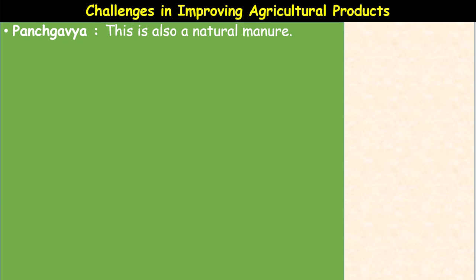So, here the Panchagavya. Based on the disadvantages of using chemical fertilizers, the nitrogenous fertilizers like urea, ammonia, ammonium sulfate, calcium ammonium nitrate, sodium nitrate, ammonium nitrate; superphosphates like single superphosphate, triple superphosphate, dicalcium phosphate; potassium chloride, potassium sulfate, potassium nitrate.